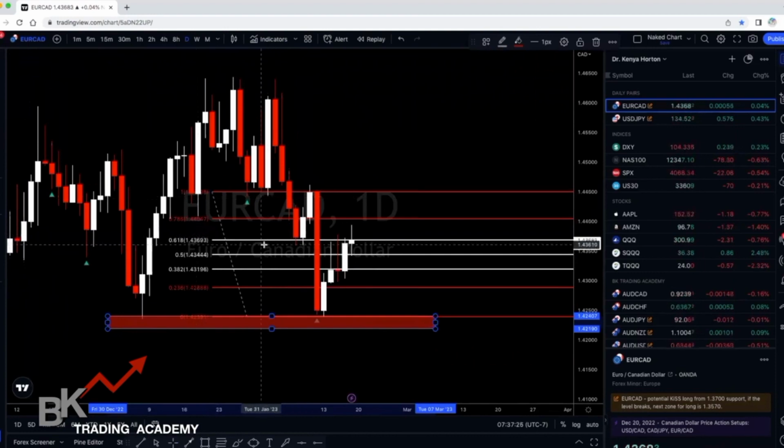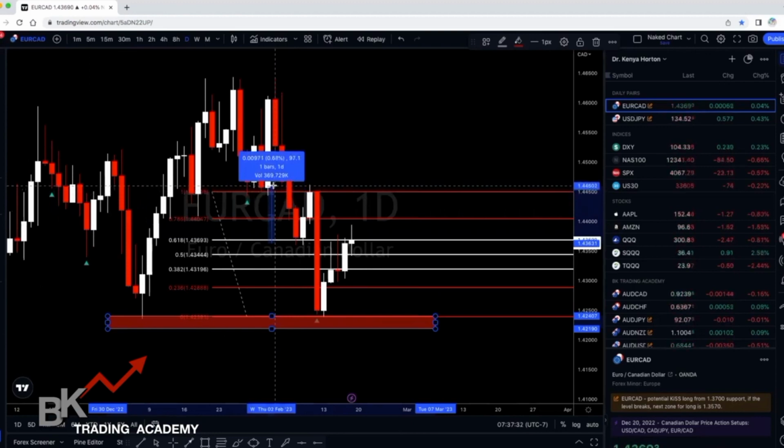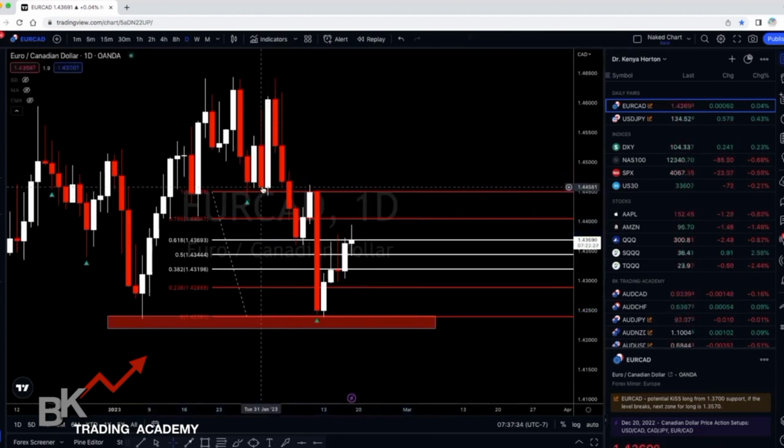So if I measure, for example, from this support at 1.4363, and if I measure to the upside, it went about 100 pips to the upside to another reversal zone. So what I'm going to do is look at this fib retracement, and I'm going to look at the 61.8 and the 50% fib. Okay, now the fib levels are already support and resistance levels.